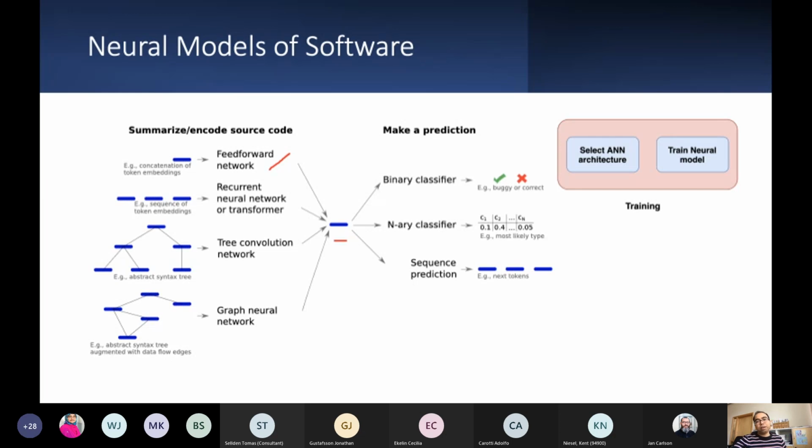For example, n-ary classification model training will compare the predicted probability distribution to the desired distribution by a loss function, which can be cross entropy, and then try to minimize the loss through stochastic gradient descent. Once successfully trained, this model can predict on unseen code.